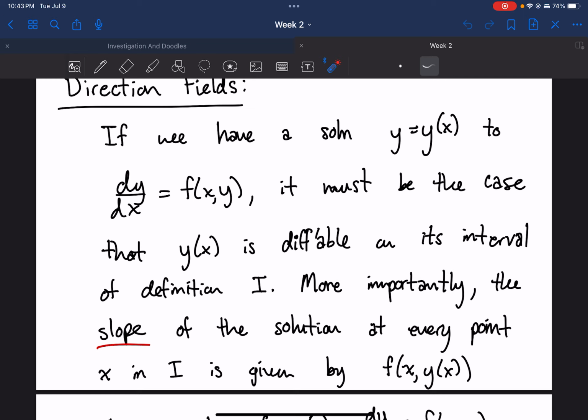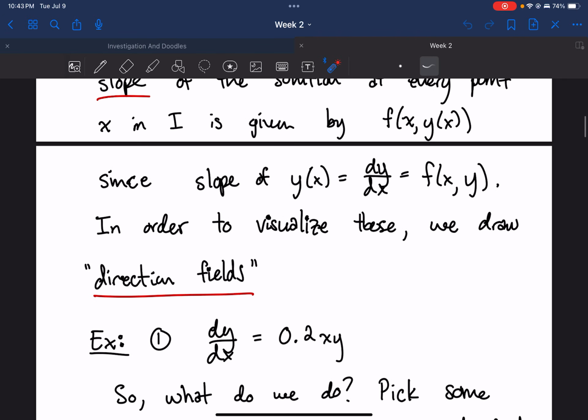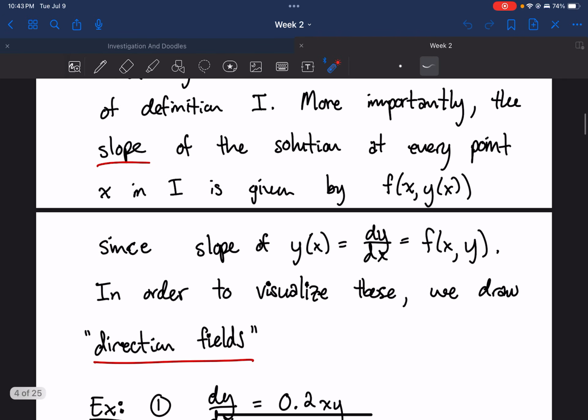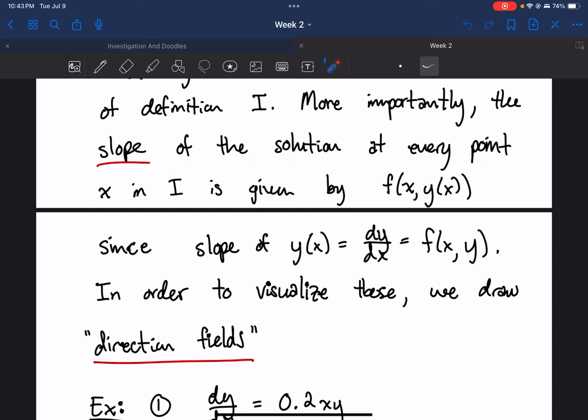But that is the intuition. And here it is written down in words. More importantly, the slope of the solution at every point x in the interval is given by this function f of x and whatever the value of y is associated to that x. Since the slope of y of x is equal to the derivative of y with respect to x, which is equal to this function f of x and y.